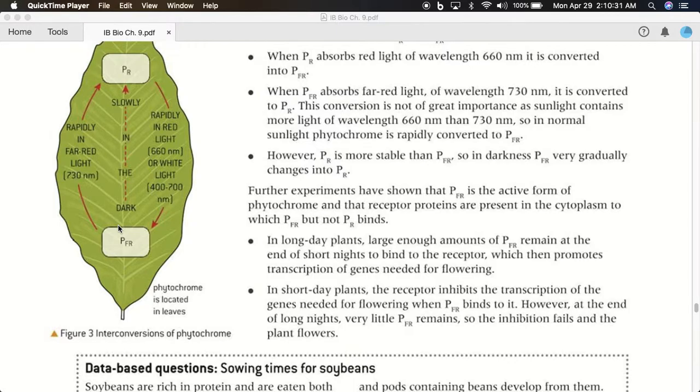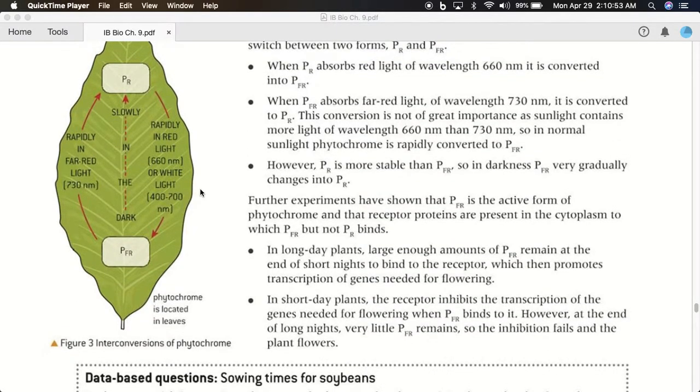Short day plants do not like to have PFR around. So when there's less PFR, because there's been so much time in the dark that the PFR has converted into the PR, then the short day plants are able to transcribe and translate the things necessary for them to flower.